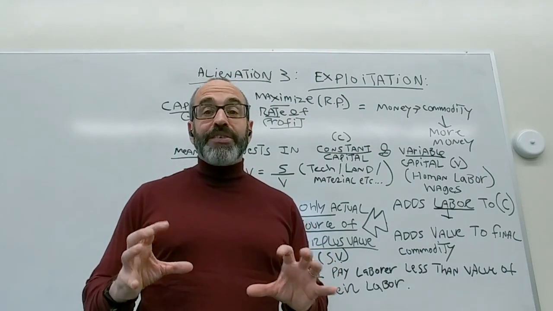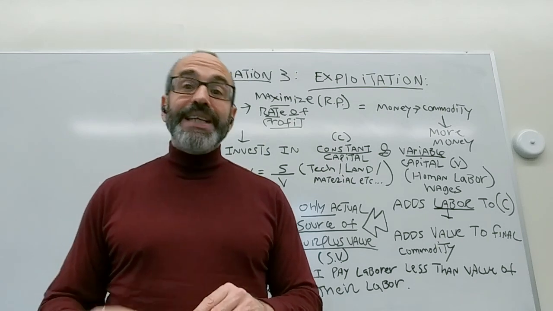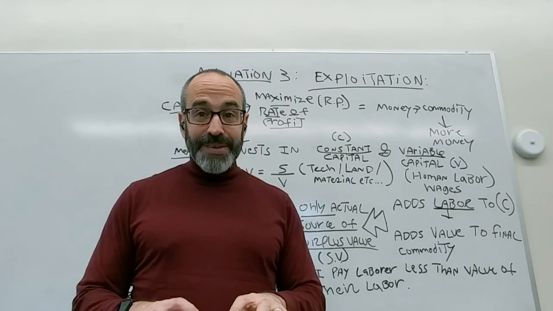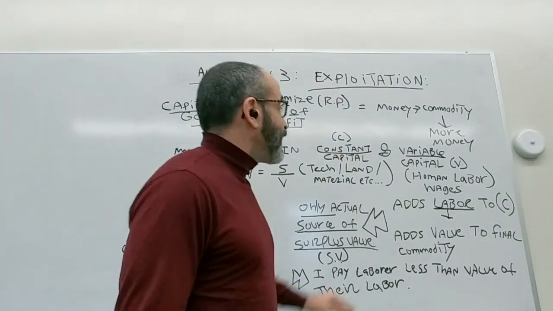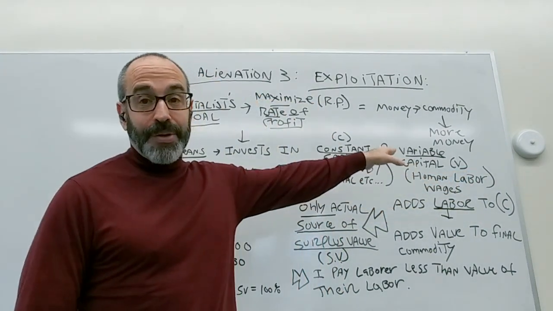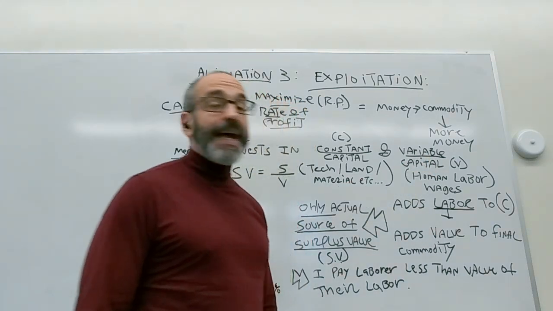In order for me to increase the value and gain a profit from what I bought, I need a laborer, don't I, to take and labor on these materials and transform them into a commodity with more value. And the only thing that can do that is human labor, the cobbler that I hire, and thus the wages or the variable capital.